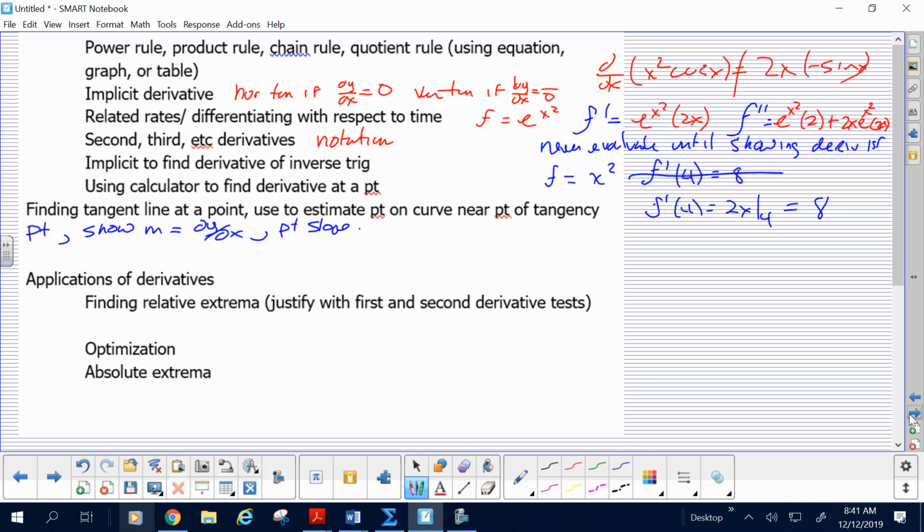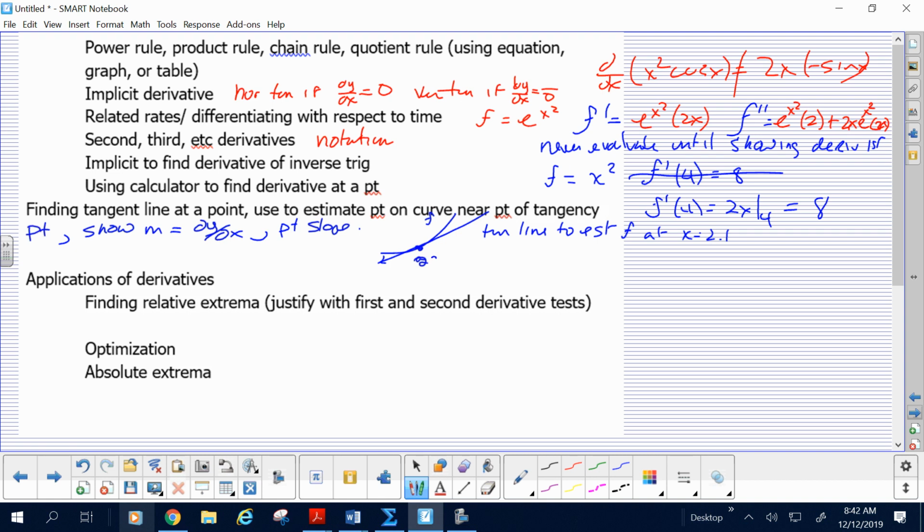You often are asked to use your tangent line to estimate. The tangent line is often not just the goal here. For example, if I said use a tangent line to estimate f at 2.1, then the idea is, well, at 2, they're right on. Their tangent line is right at the curve.